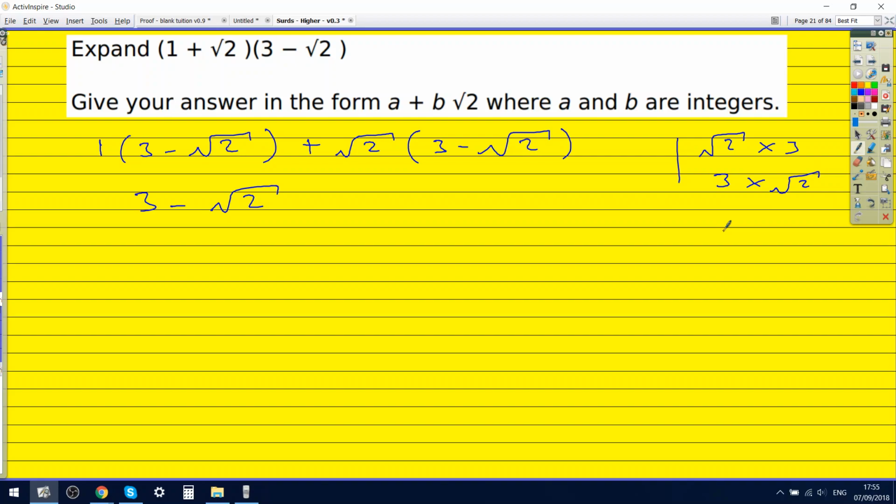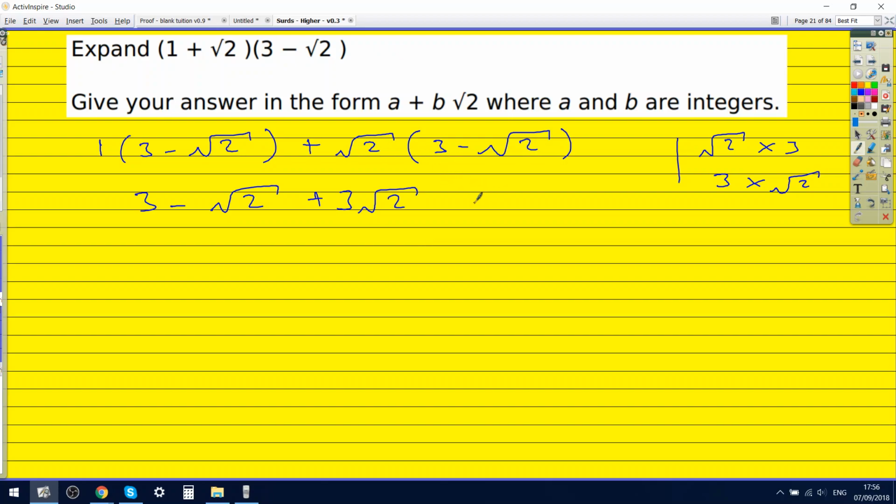Short way of writing 3 times root 2? 3x 2. So you just write it without the times sign. So just 3 root 2. Yeah, 3 root 2. So this is exactly like expanding it with an x. 3 times x is 3x, 3 times root 2, 3 root 2.